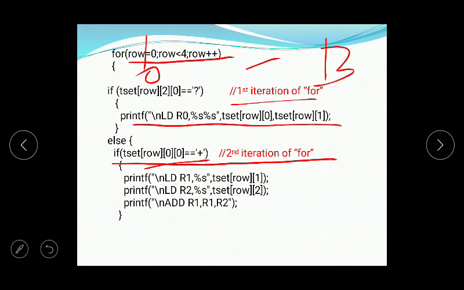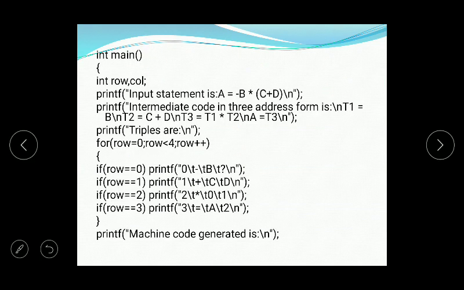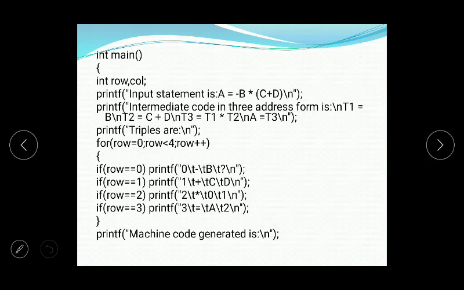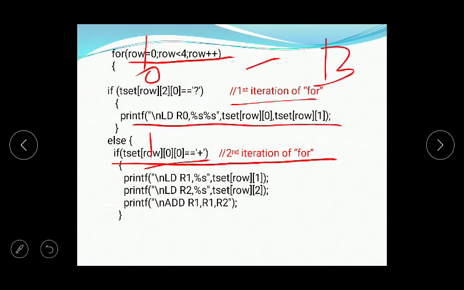So first row, 0th column, and the value is plus. Yes, this condition is true. Then what to do? Addition means first we have to load R1 with C and load R2 with D and then add.